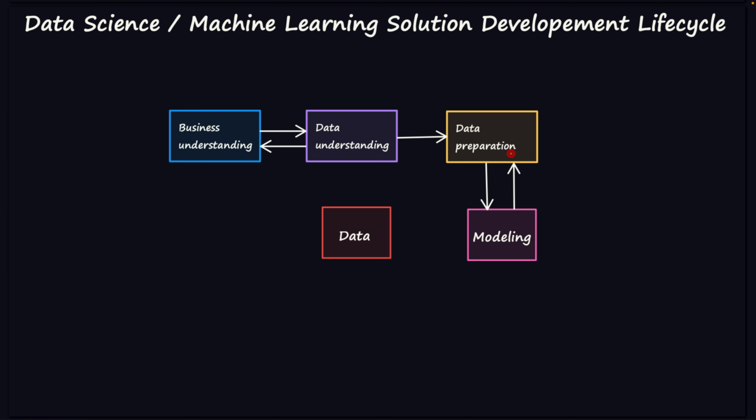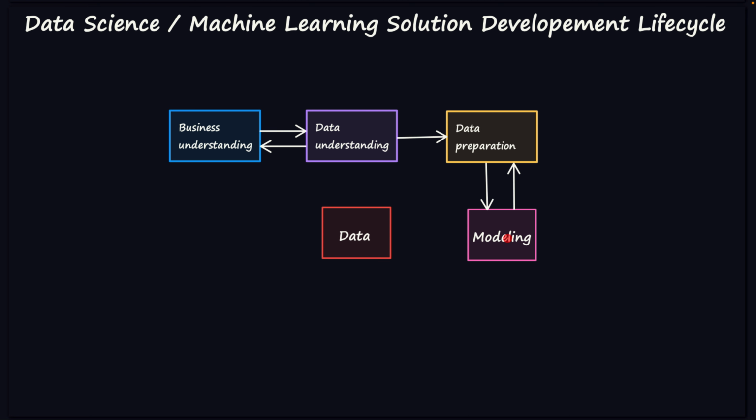We will change the data, or change it to a different format, or we might even do some sort of feature engineering. Then we will come back to modeling, or we may even pick a different model for different type of data that we select in this particular step.